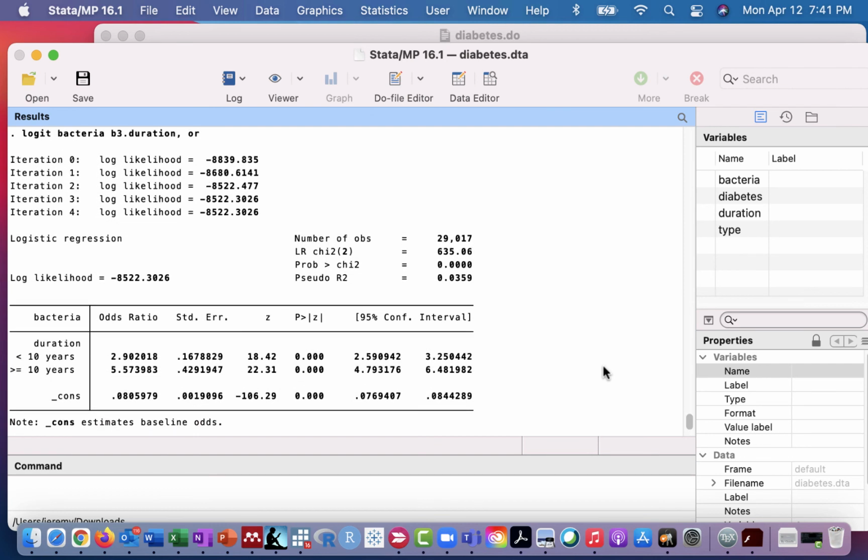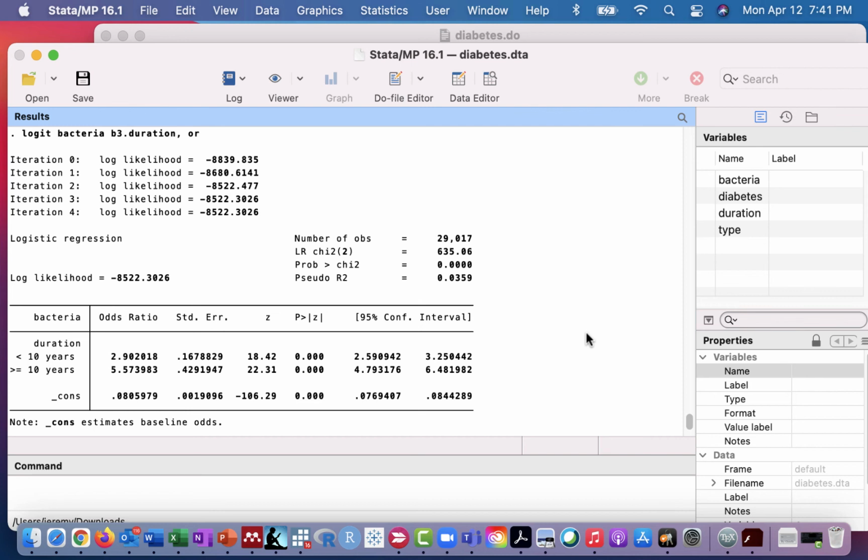Odds ratio 2.9, so people with diabetes for less than 10 years are 2.9 times more likely to have the bacteria as compared to people with no diabetes. Odds ratio 5.5, so people with diabetes for more than 10 years, 5.57 times as likely to have bacteria as compared to people without diabetes.